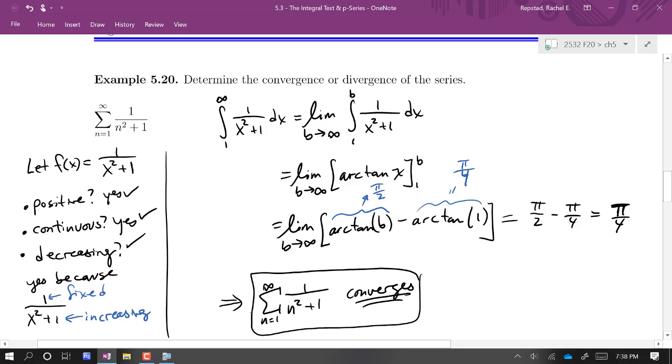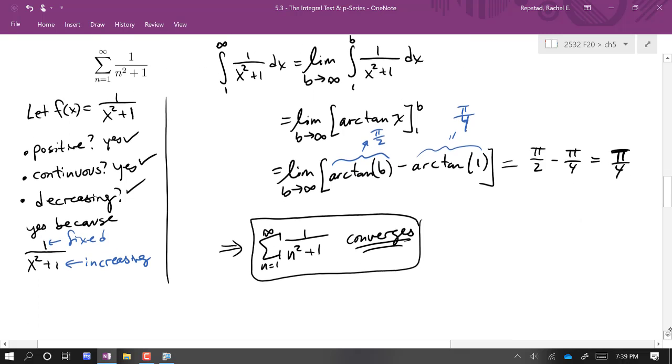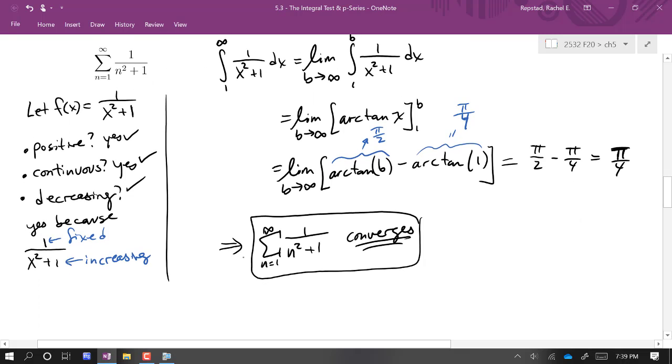The integral is this magic adding machine that adds infinitely many things, but it grabs so much more. The improper integral grabs more stuff than our series does. So we could say that the integral converges to pi over 4, but that just allows us to conclude that this series converges. We don't know what the sum is.